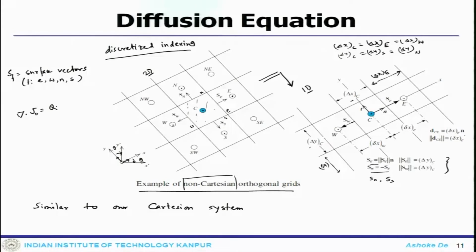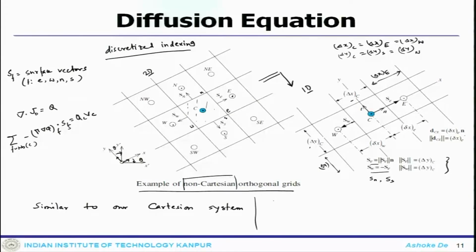Once you write it over the element C, it turns out to be the surface integral, the sum over faces f of J f dot S f, where J is minus gamma grad phi, equals q C V C. Now, for each face we need to calculate the fluxes.